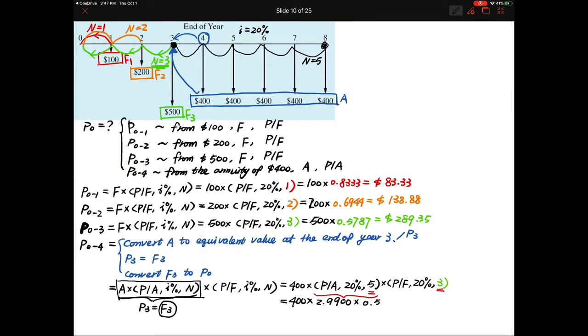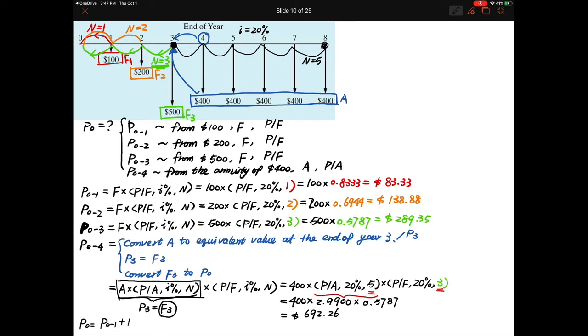So it is this one, 0.5787. So the final is 692.26.